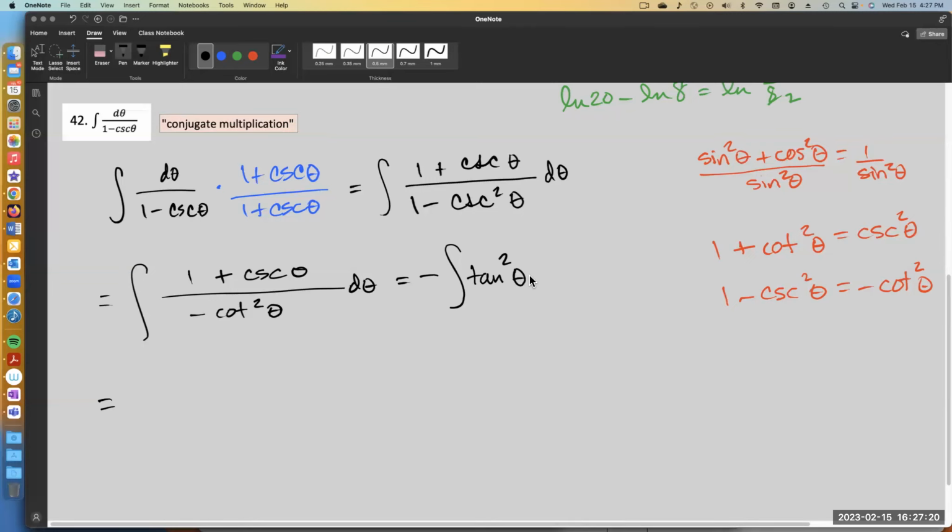And then over here, I think it's definitely advantageous to switch to sines and cosines, because we can't really combine cotan squared and cosecant. That's not an obvious kind of thing to combine. So let's change those to sines and cosines. 1 over sine is cosecant, and then we're dividing by cotangent, so that's going to give us sine squared over cosine squared.